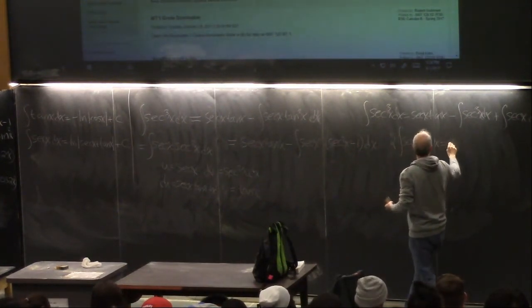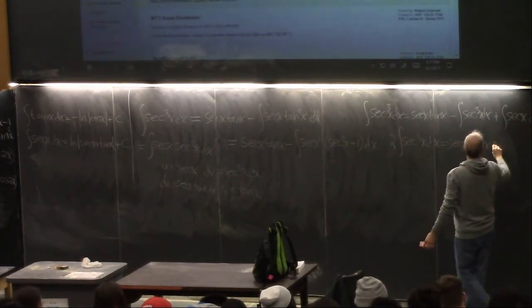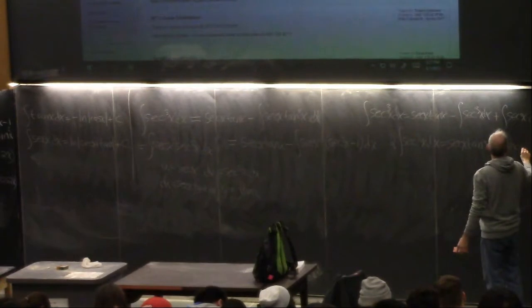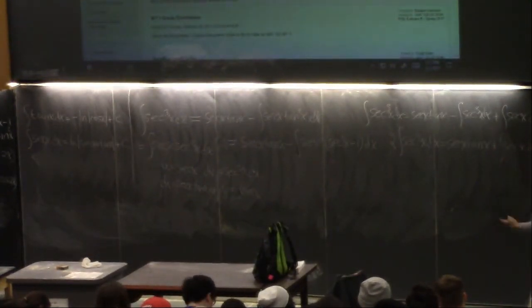Isn't this one a great one? Secant x tan x plus secant x dx. Now it's easy, because we have integral of secant x. We memorize that.